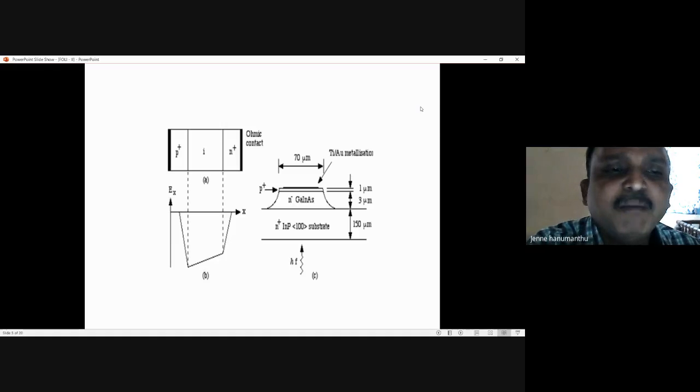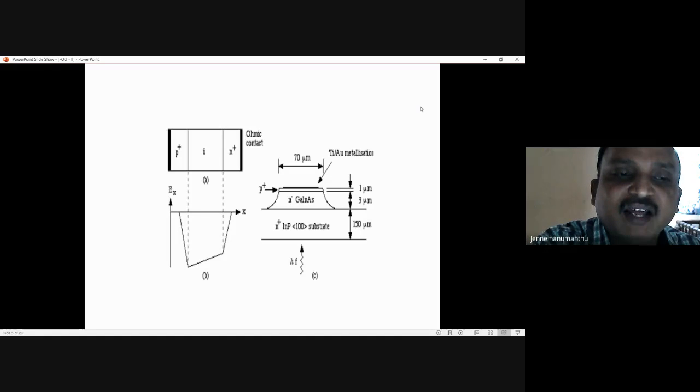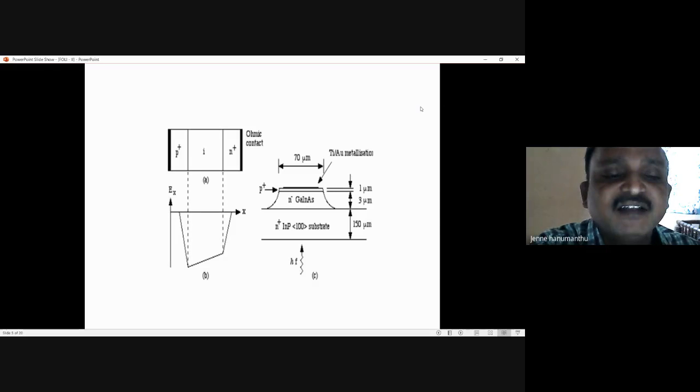Some may recombine, but some may not. The ones that do not recombine may move because of the mobility of electrons and holes within the intrinsic region.